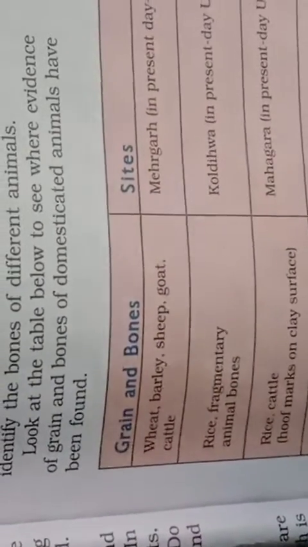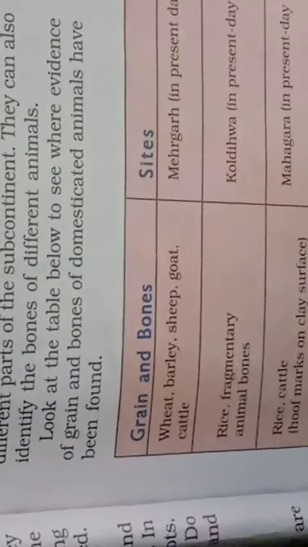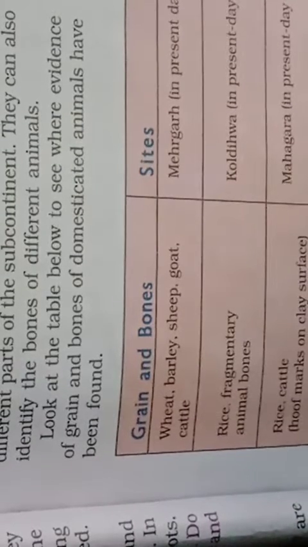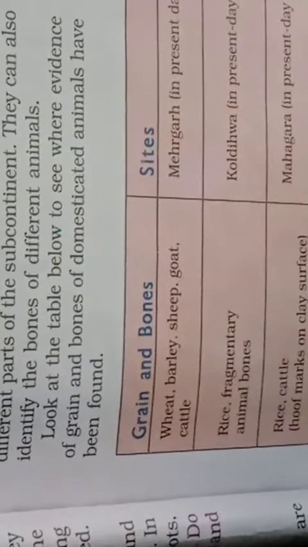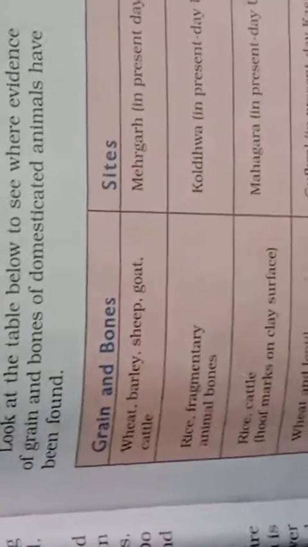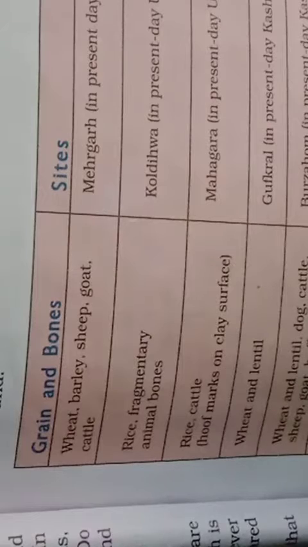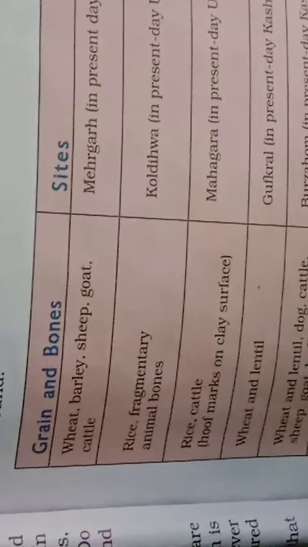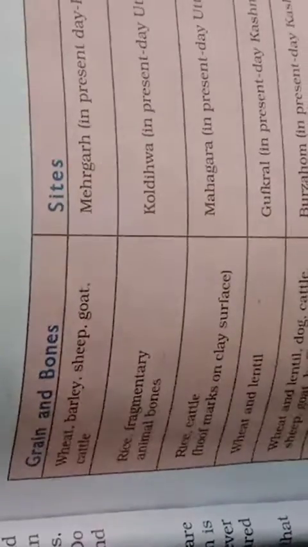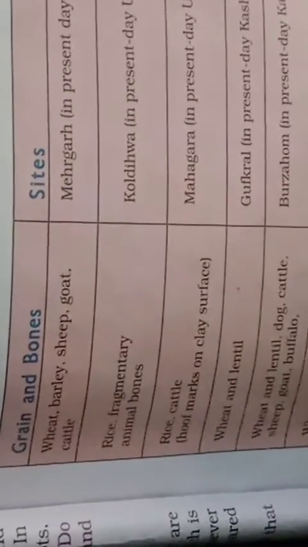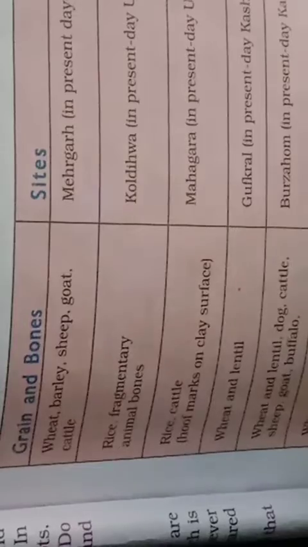So look at the table below to see where evidence of grains and bones of domesticated animals have been found. So this one shows wheat, barley, plants, and sheep, goat, cattle, all these animals. Mehrgarh, I have shown you in the map, in present day Pakistan.